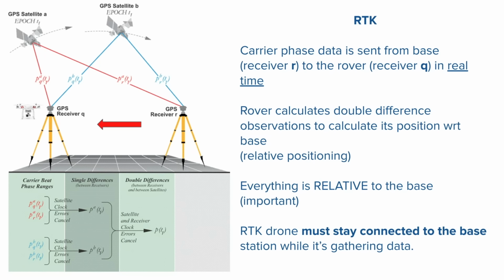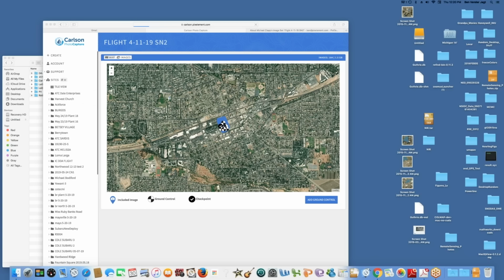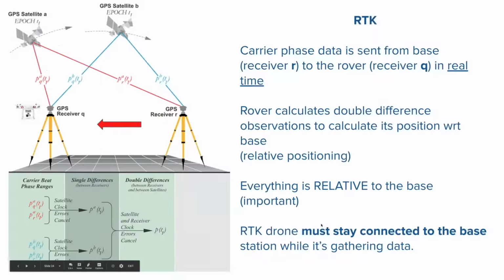The rover is computing its position with respect to the base. If you don't know the absolute position of the base, you don't know the absolute position of the rover. Everything is relative to the base station.